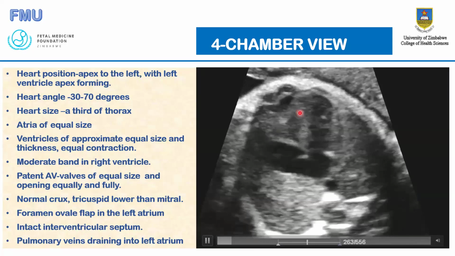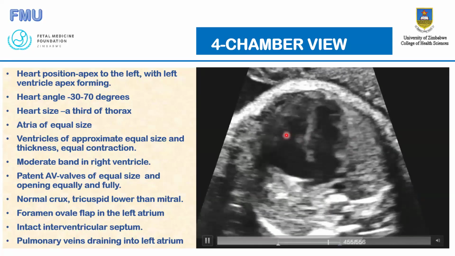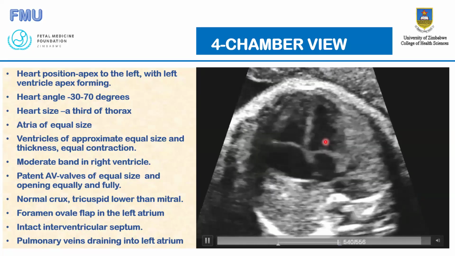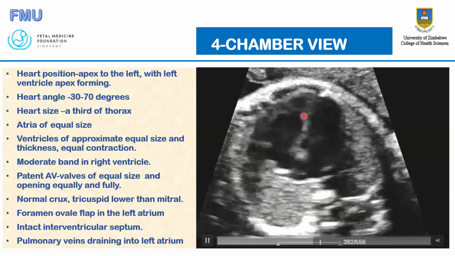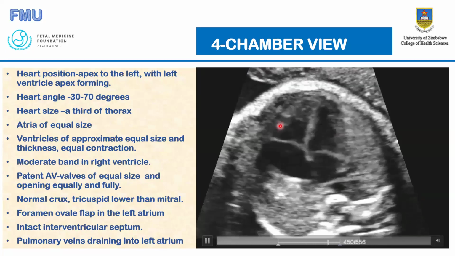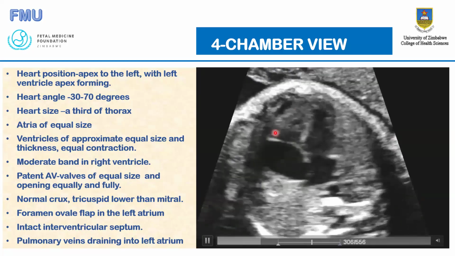But they should look almost equal. There should not be an obvious discrepancy in the size of the two ventricles. Then look at the contraction to see if the two sides of the heart, the right and the left, are contracting the same way.